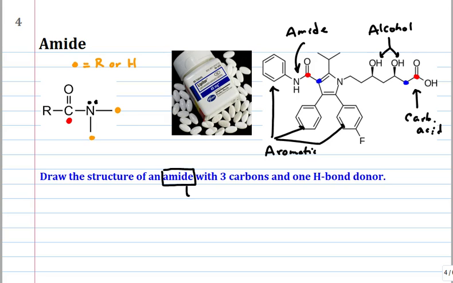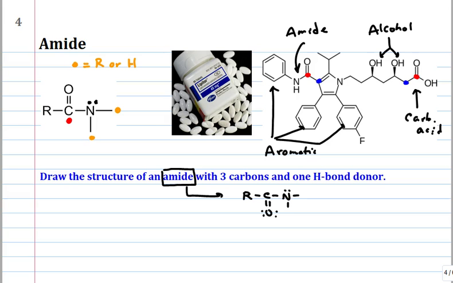So we know right away that you have to have this fragment. Okay? R, C double bond O, N, and then off the N can be an H or an R group or some type of hydrocarbon fragment. So we only can use 3 carbons total, and we have to have 1 hydrogen bond donor.